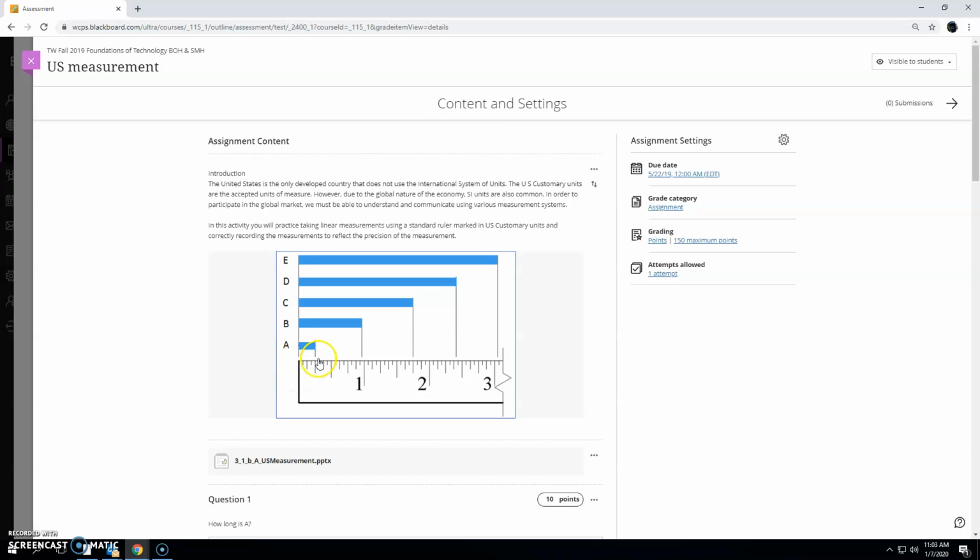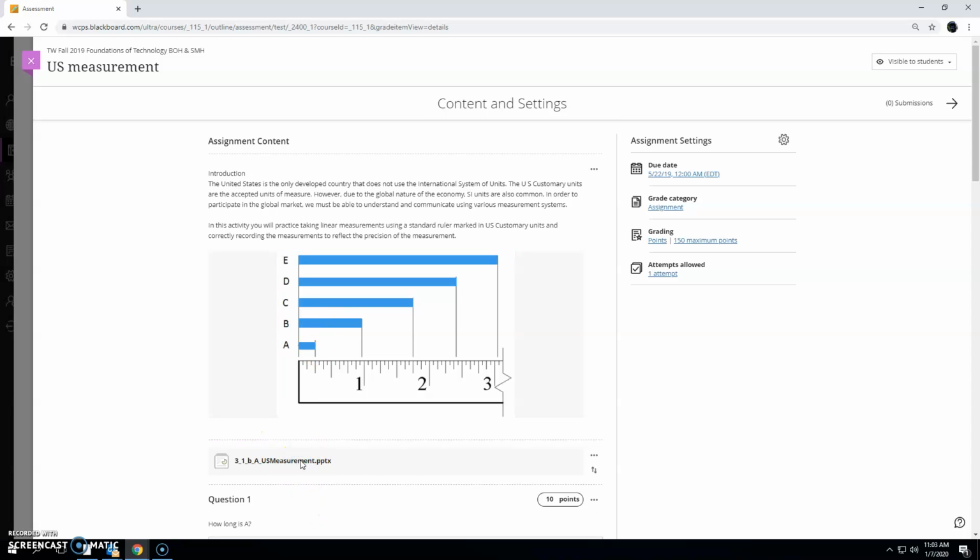I see a lot of adults, whenever I taught adult ed classes, that could not measure to the 1/16 of an inch on a standard tape measure or ruler. It's really quite simple. Simply count the number of spaces: 1/16, 2/16, 3/16, 4/16. 4/16 is a fraction that can be reduced to 1/4. So answer A, and I did that one for you, is 1/4.